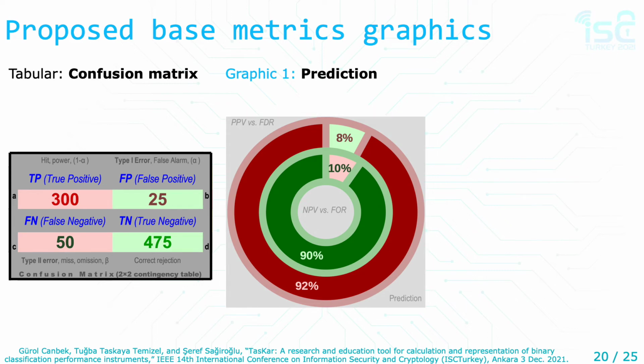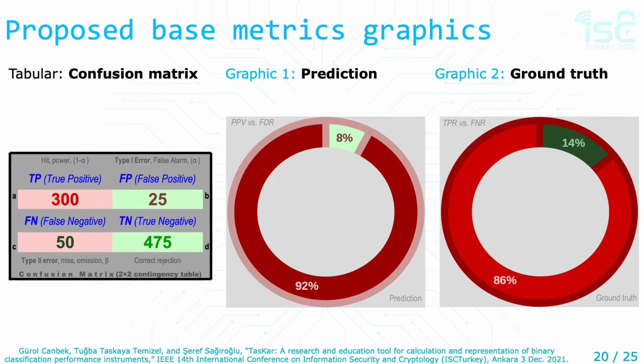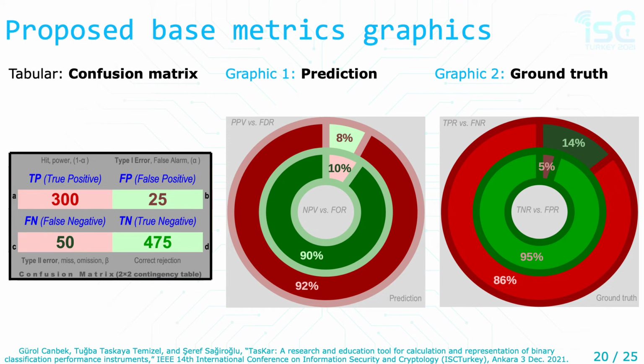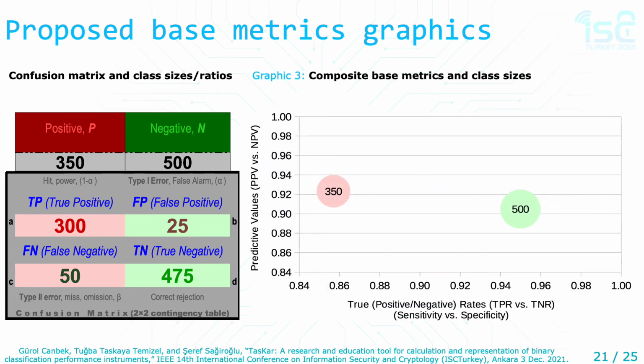In a similar approach, the second graphics show the ground truth performance metrics. You can compare the ground truth versus prediction performances by looking into both graphics. While two proposed graphics depict the performance from a clear point of view, the class sizes are excluded in particular. To include the sizes, we propose a single graphic showing true ground truth metrics in x-axis and true outcome metrics in y-axis.